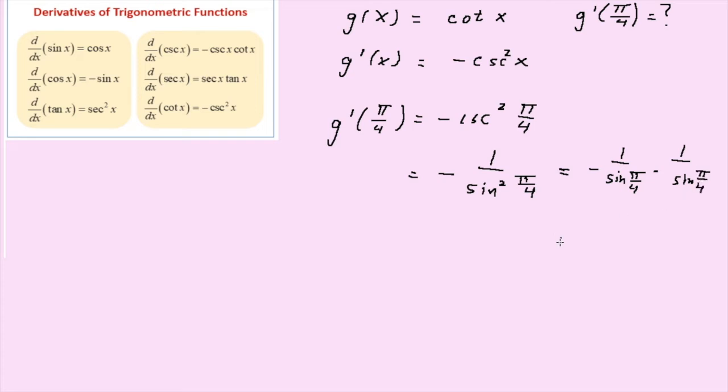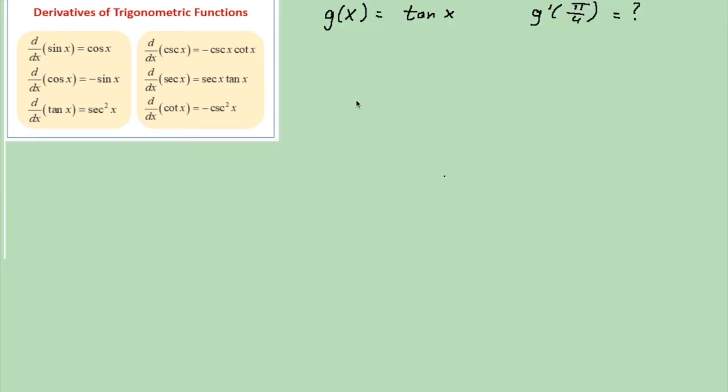And you can multiply these together and get a solution. In this case, the answer comes out to negative 2. If you're evaluating this and you're not coming up with negative 2, first check to make sure that your calculator is in radian mode. Let's try another example.